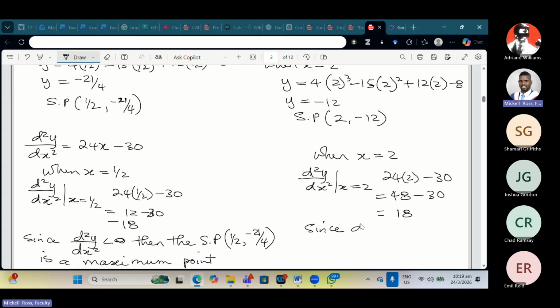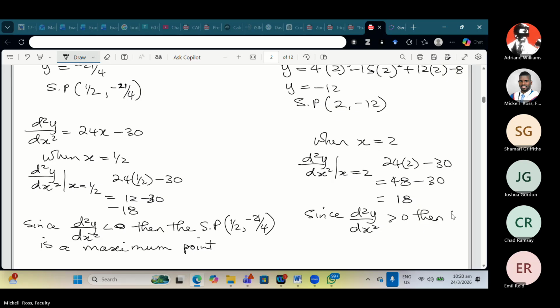So since the second derivative is greater than 0, the stationary point that is at 2, negative 12 is a minimum.